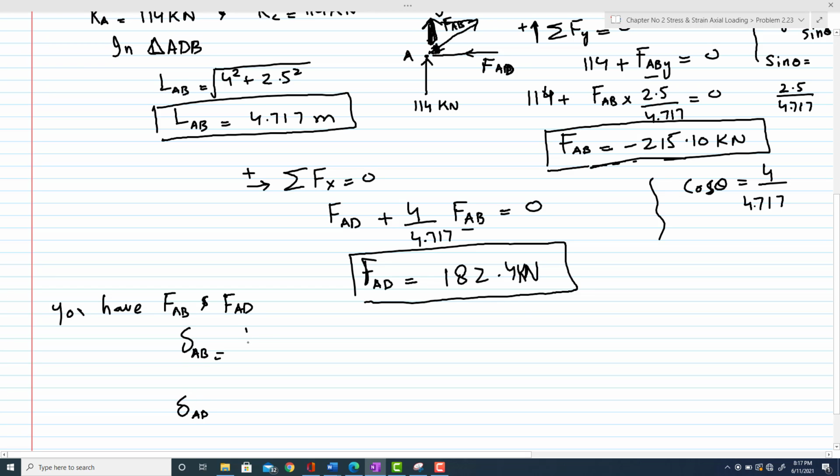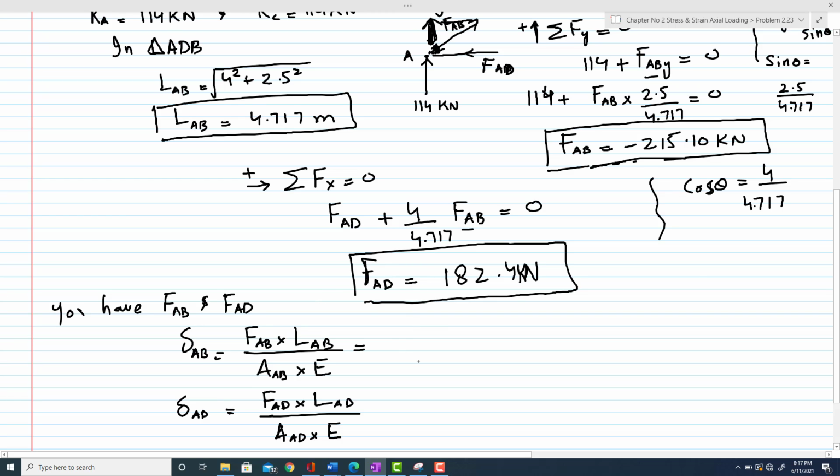The change in length of AB is equal to FAB into LAB over area of AB into E, and the change in length of AD is equal to FAD into length AD divided by area of AD into E. So we will put the values over here.